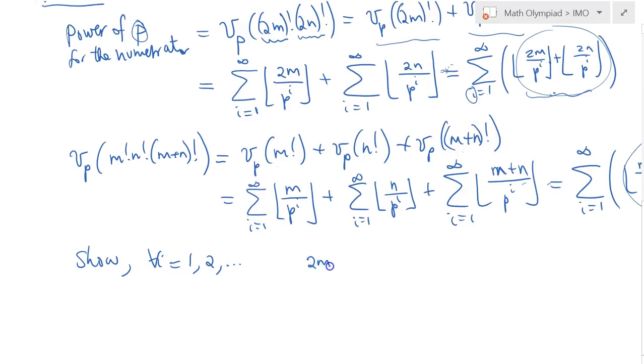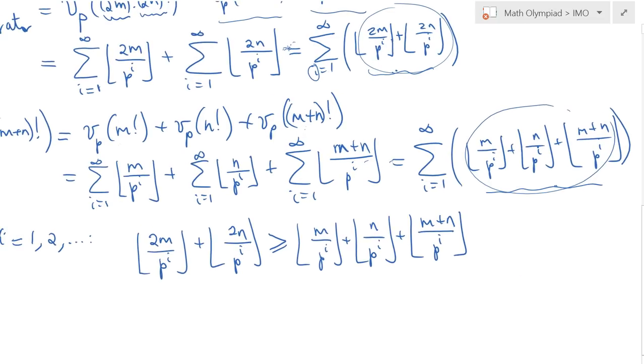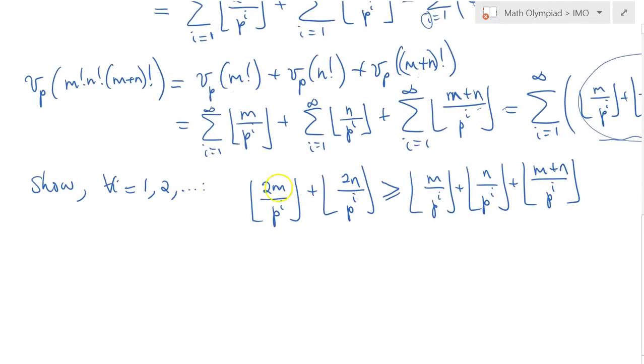For all i, show that 2m over p to the i plus 2n over p to the i power exceeds, or at least is equal to, m over p to the i plus n over p to the i plus m plus n over p to the i power. That's it. Okay, do you see, I can make some simplification here, maybe some substitution.